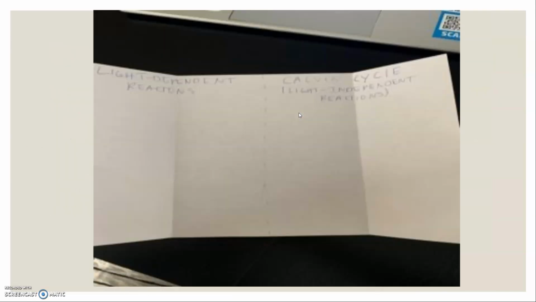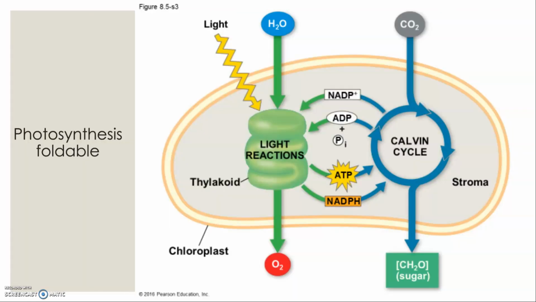Looking at this, it is obvious that photosynthesis occurs in two parts. We have the light reactions, also called light-dependent reactions for obvious reasons. And we have the Calvin cycle, previously, and I guess still, referred to as the light-independent reactions.